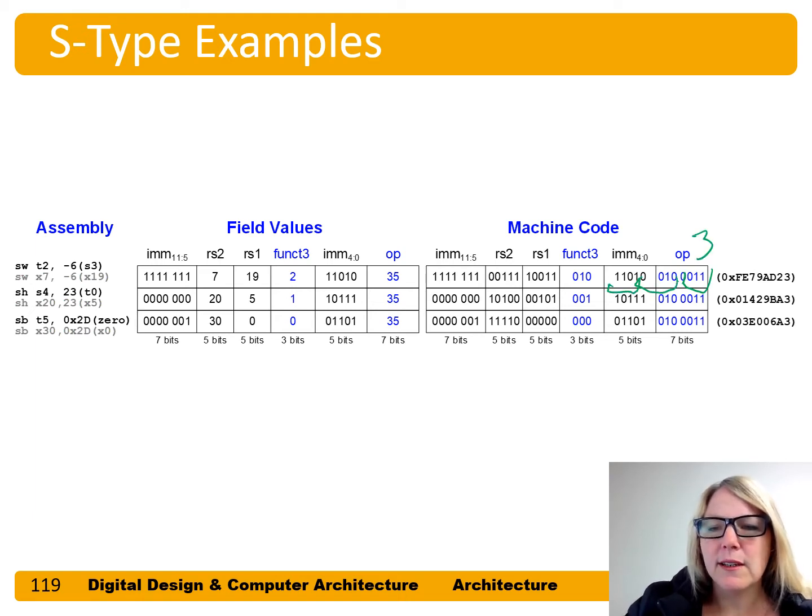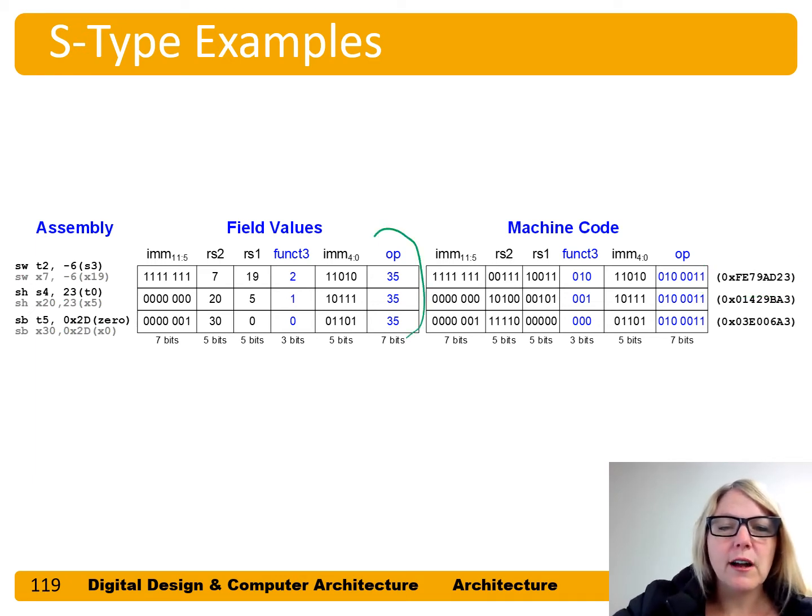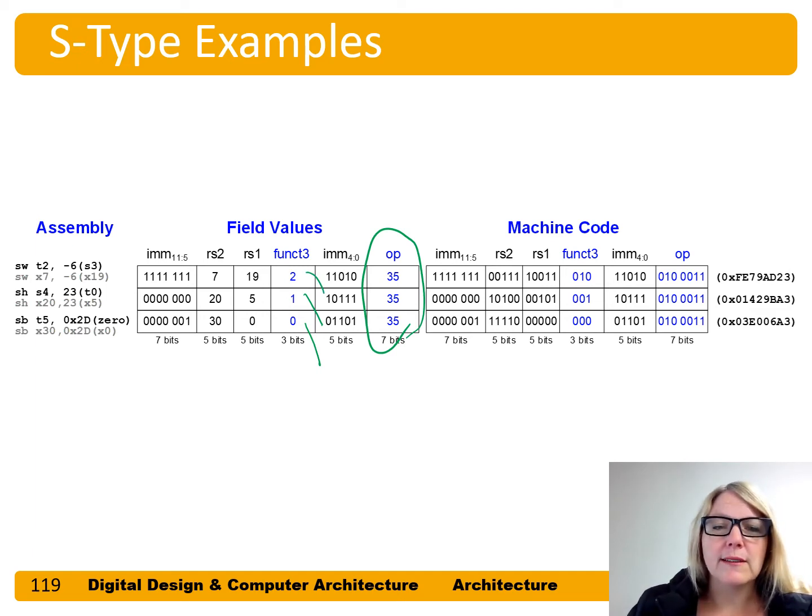We have 3, and then 2, and then D, and so on, until we gather all the groups of 4 and write it in hexadecimal. For the store instructions, you'll notice that the opcode is 35 for all of them, and then store byte is 0, store half is 1, and store word is 2 for the func3 bits.